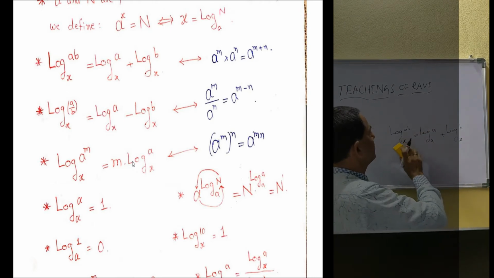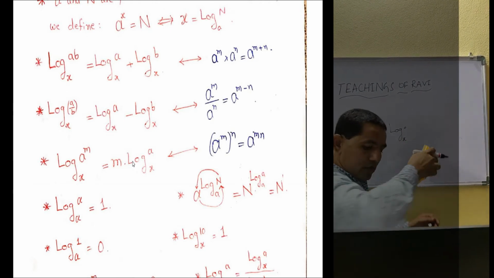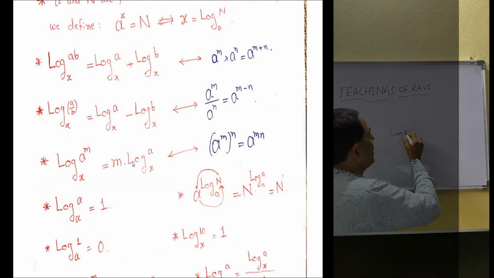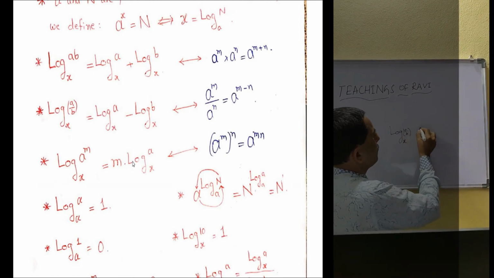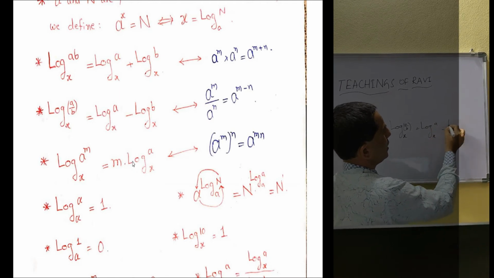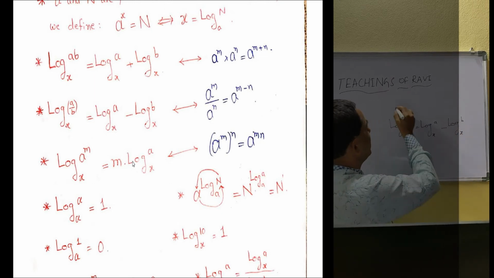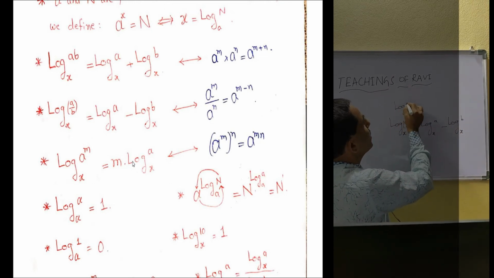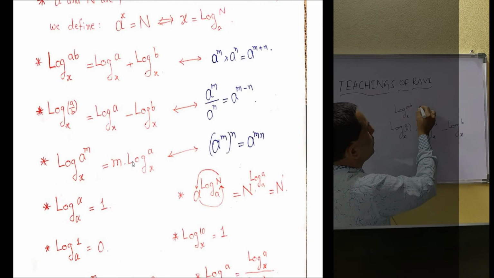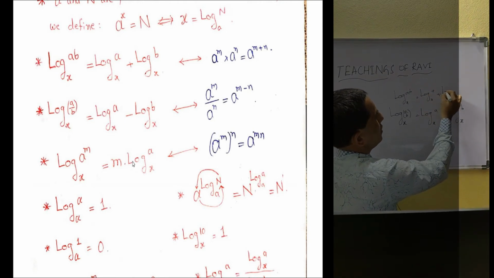Next one, I will write here: log A by B is equal to log A to the base x minus log B base x. First one: log AB base x is equal to log A base x plus log B base x.